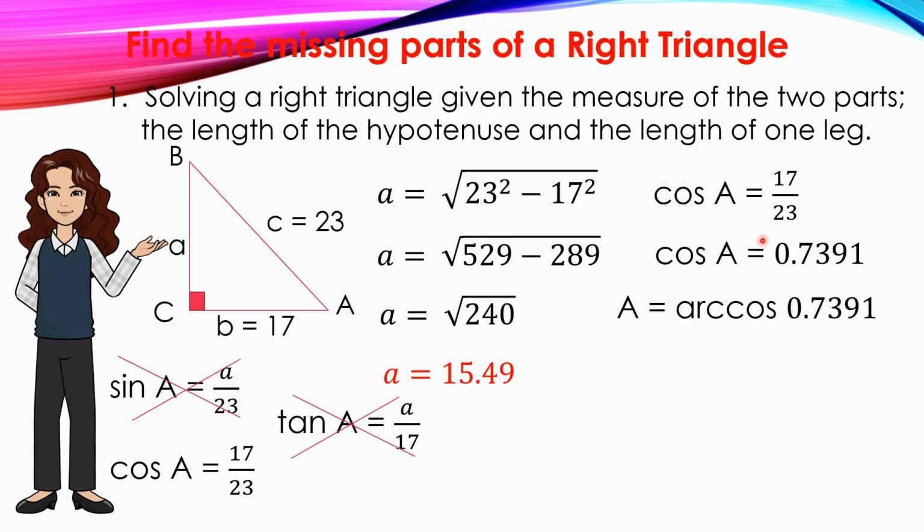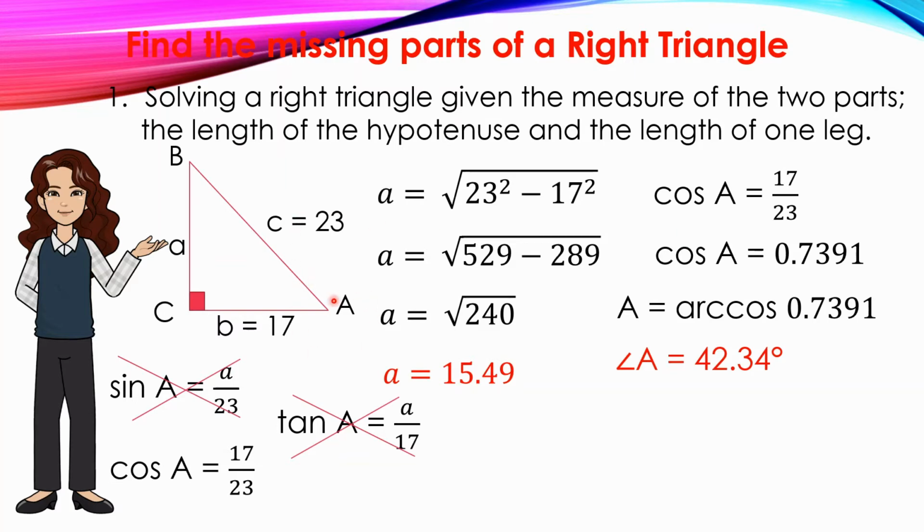Press 17 divided by 23, equals. Then you shift cosine. When you press shift cosine, you will get 42.34 degrees. So our angle A is 42.34 degrees.